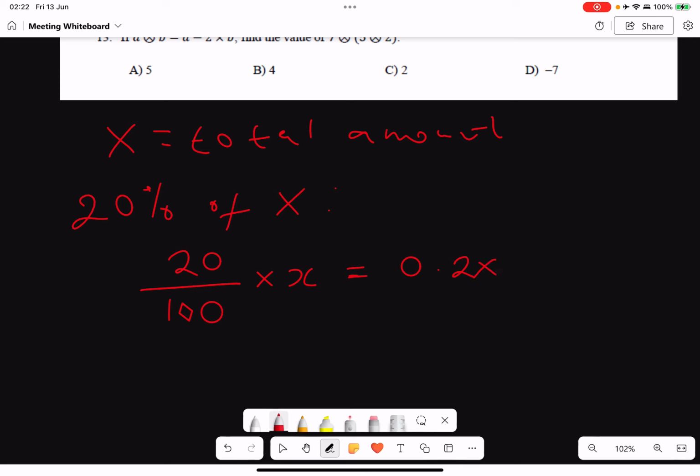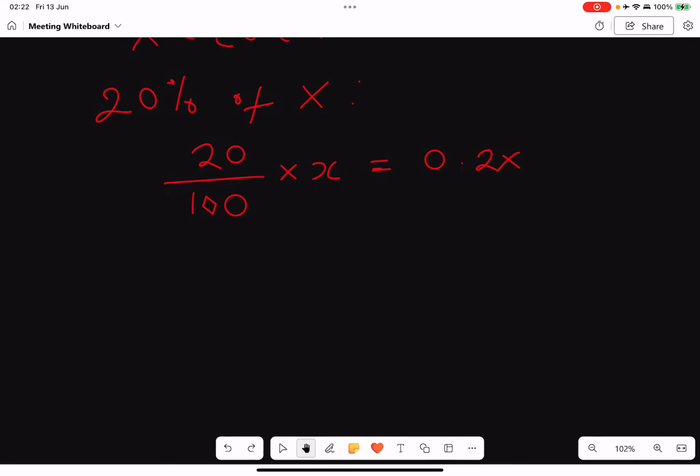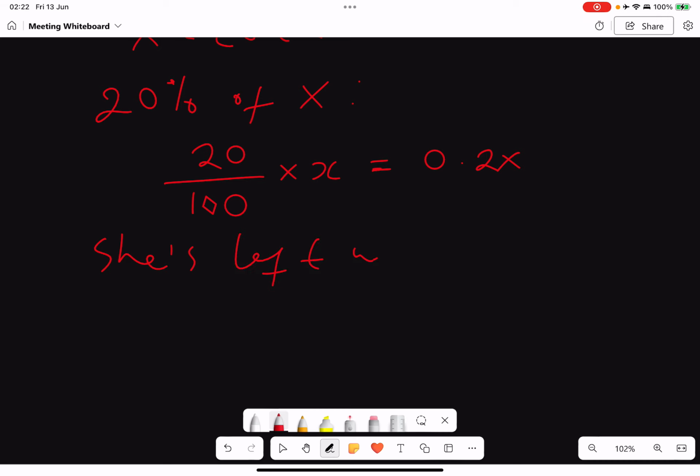So at this stage, after spending 20%, she's left with x minus 0.2x, which gives us 0.8x. That is the money she is left with.